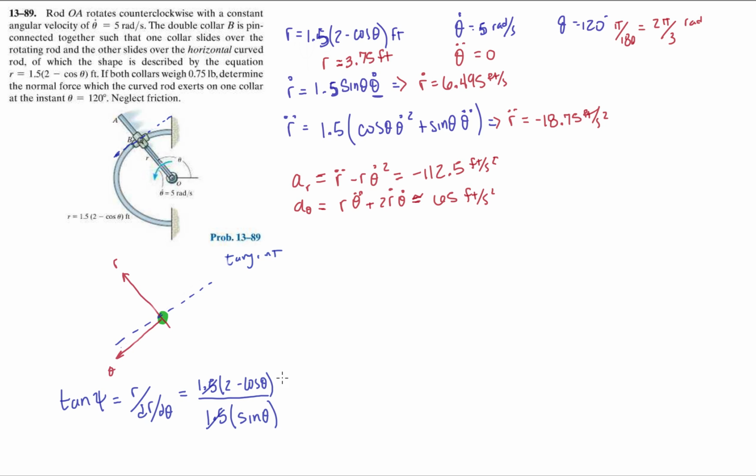Let's evaluate this at theta equals 120, okay? And then you should get 2.88. From here, let's take the inverse tangent, and you get the angle of psi is 70.89.